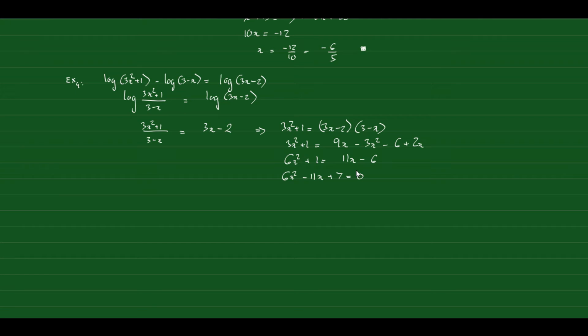I don't know if we can factor this or not. And if we cannot factor it, then we can use the quadratic formula. Let me see if we can factor this. Probably not, huh? Oh yeah, maybe this, 2x, 3x.